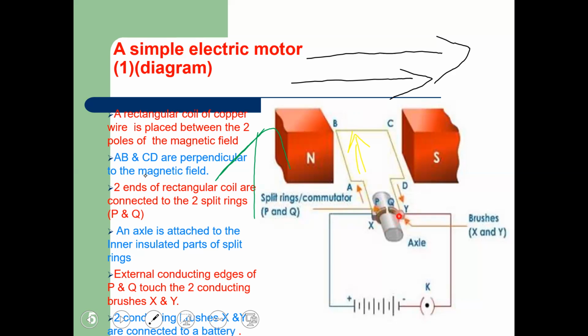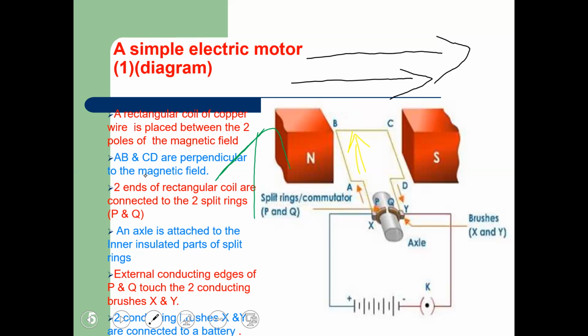In the ring, we have two halves, X and Y. So AB will slide out of X and move into Y. Then CD will come and replace AB. And what will happen again? It will receive electricity and continue to move in that direction and would have continuous motion.